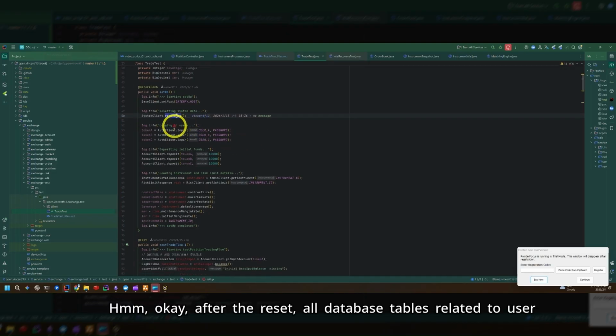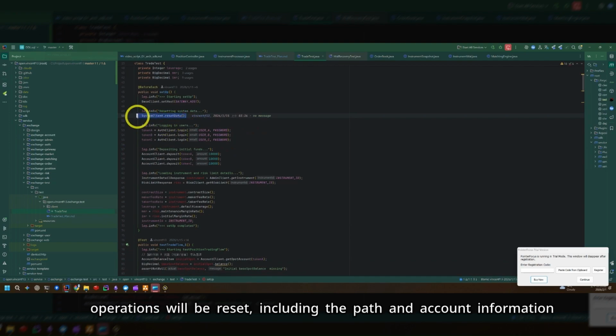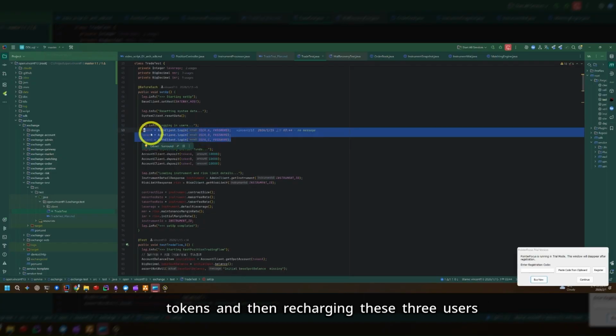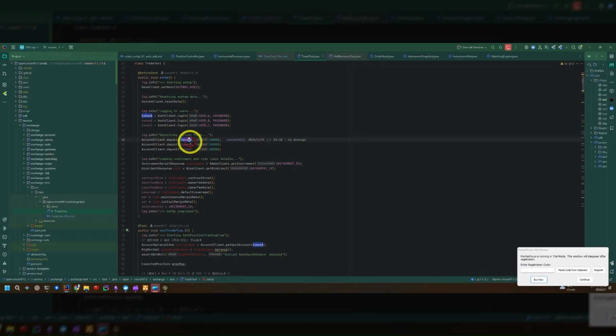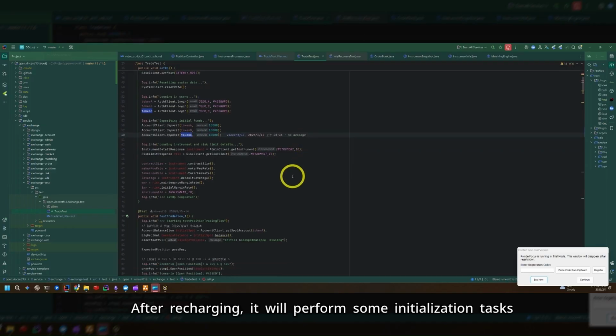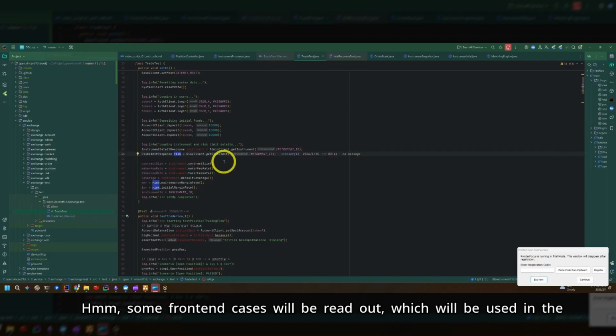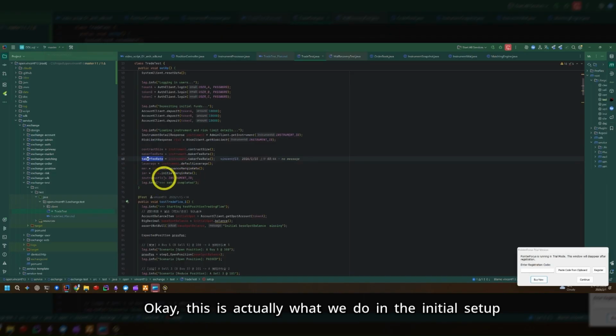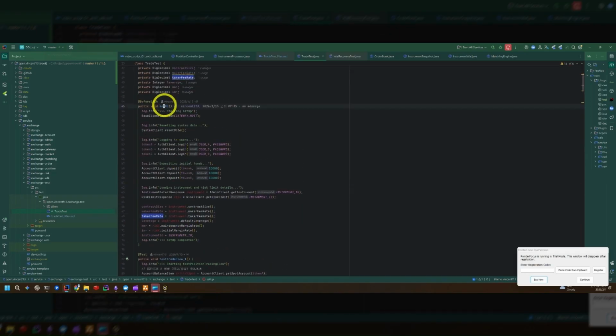After the reset, all database tables related to user operations will be reset, including the path and account information. After that, 3 accounts will be logged in, user A, B, and C, leaving tokens and then recharging these 3 users. After recharging, it will perform some initialization tasks. Some front-end cases will be read out, which will be used in the upcoming tests. Okay, this is actually what we do in the initial setup.